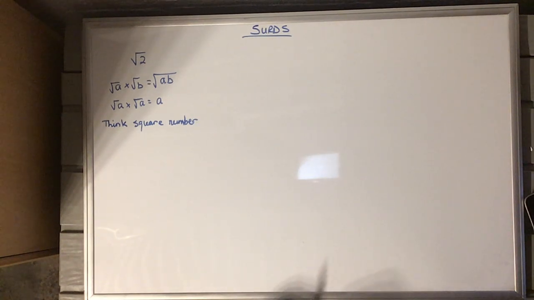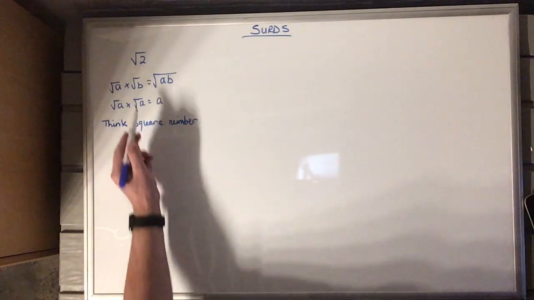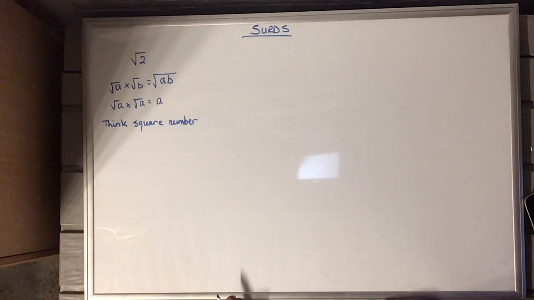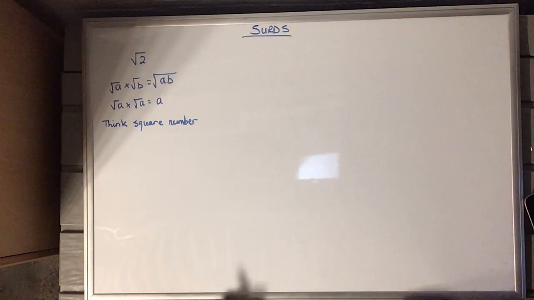Okay, so when we're tackling these questions, we're thinking square numbers and we're thinking these rules here. And just knowing that basic amount, we can tackle quite a few questions at National 5 level. So let's look at a couple that we can try.